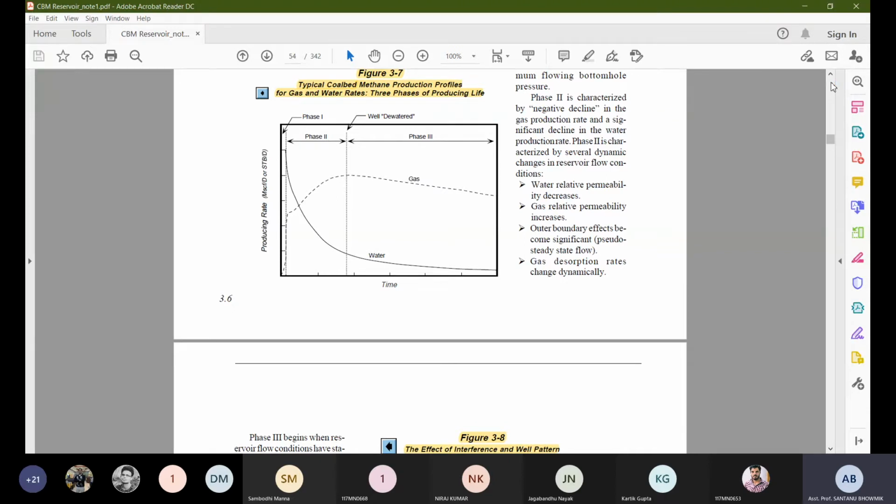Now this is particular for a reservoir. If you consider another reservoir or another borehole, you will get the same typical characteristics. The rate may be different and the time may also be different, but the flow characteristics may remain the same. What does it mean?